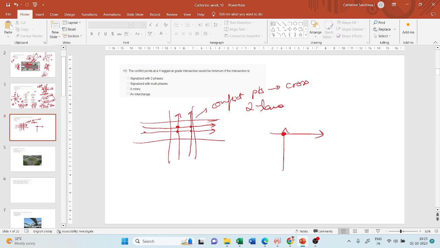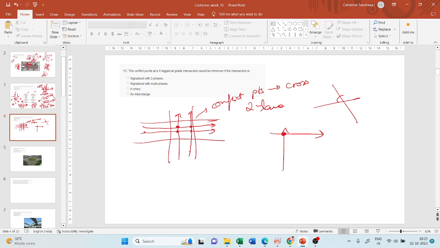One is a 90-degree crossing and another one is an acute angle crossing. So they won't cross exactly at 90 degrees, but they will cross like something like this, making an acute angle with one another. So this is called a cross conflict point, and cross conflict points are major conflict points. Okay, now what are the possible movements other than this?